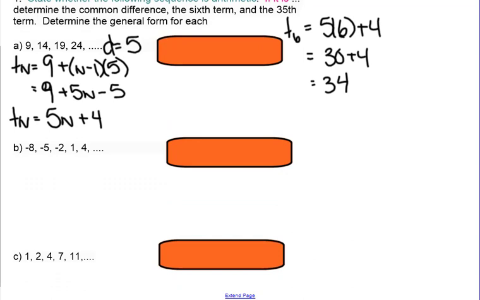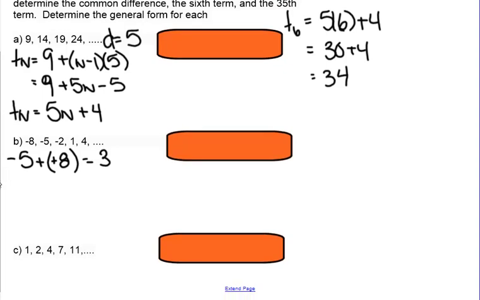Okay, so to figure out our common difference, if you can't look at it and figure out what it is right off the bat, you can always go term 2 minus term 1. So that's 3. And just to double check and make sure it is an arithmetic sequence, you can go term 3 minus term 2.